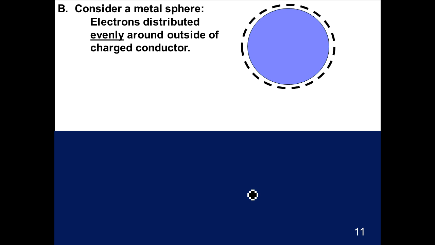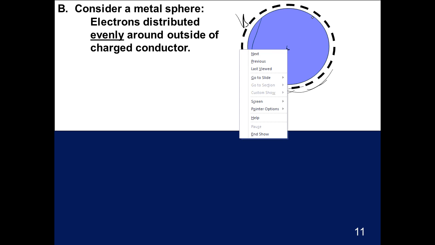Imagine that this is like the outside of the car. So it's hit by lightning, and you have all these electrons. Because this is a metal, they all move as far away from each other as they can, and they spread out evenly around the surface. If I put a positive test charge in the middle, which way is it going to be pulled?